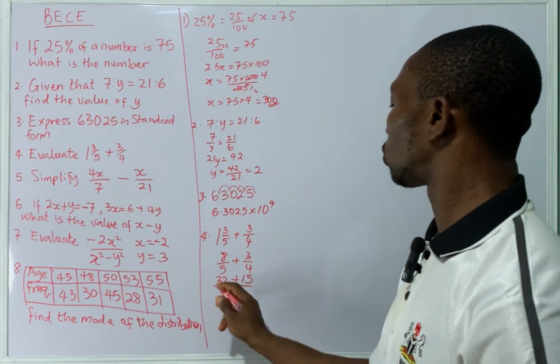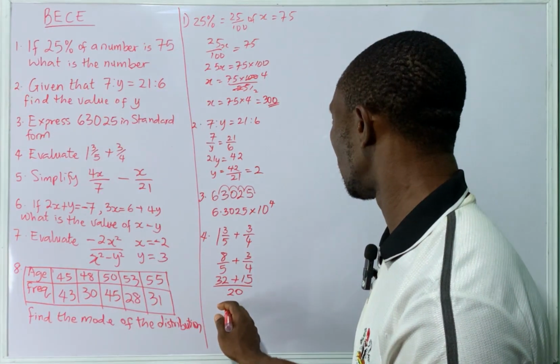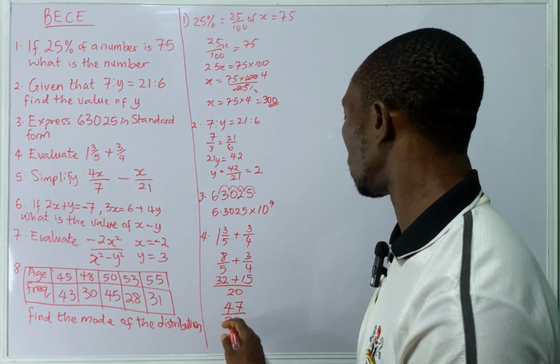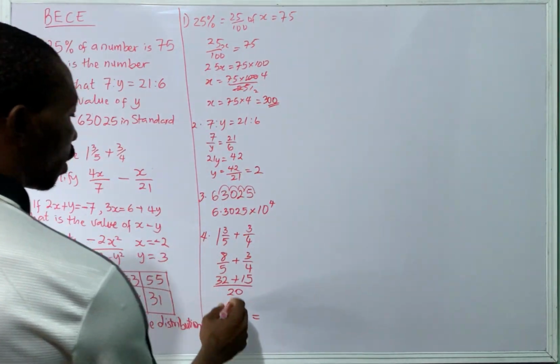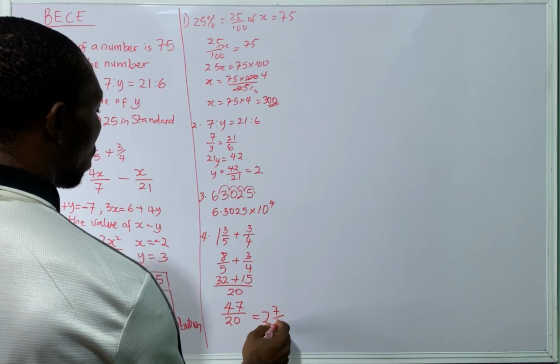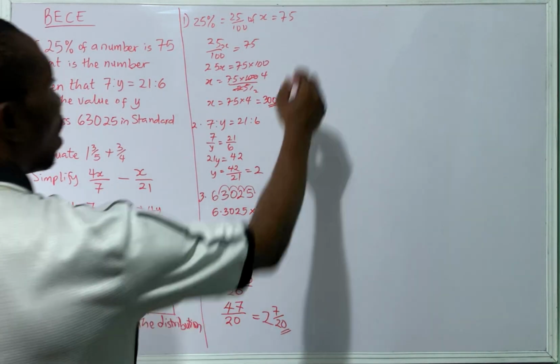Okay, now 32 plus 15 will give us 47 over 20. Now, our answer becomes 20 into 47, 2 whole number, 7 over 20. Okay, that would be our answer.